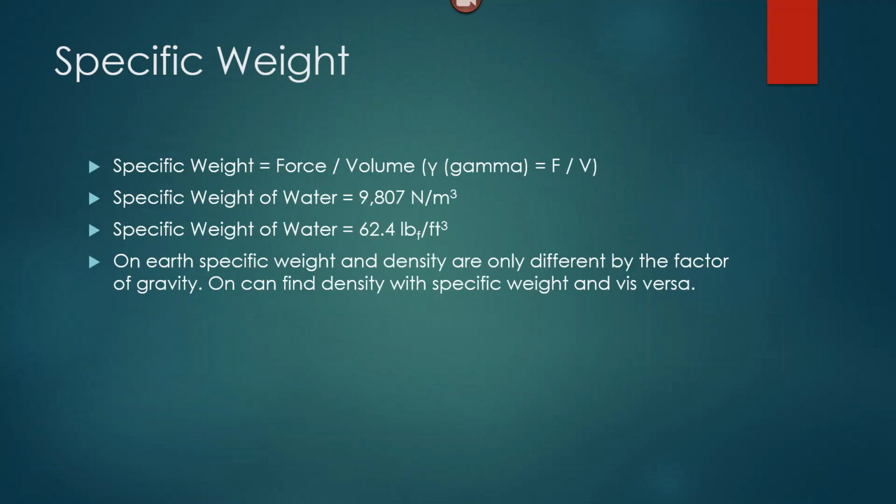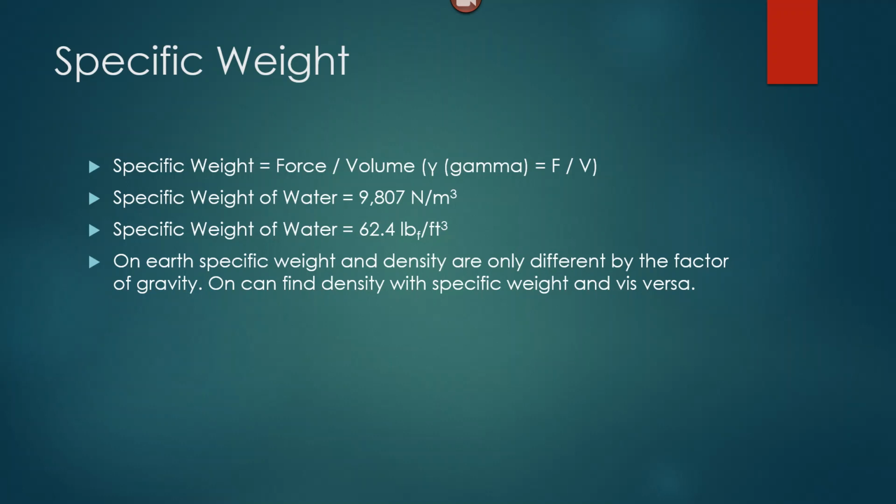Alright, specific weight. So we have force divided by volume. I will let you know that is not the base unit. We can actually break this down. Well, actually, let's get past that for right now. But anyway, the specific weight is force divided by volume.